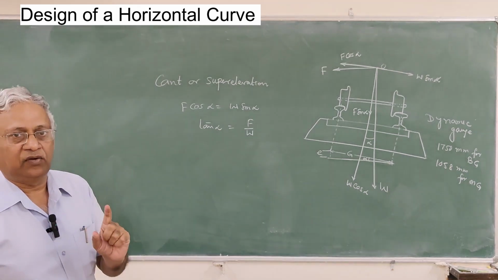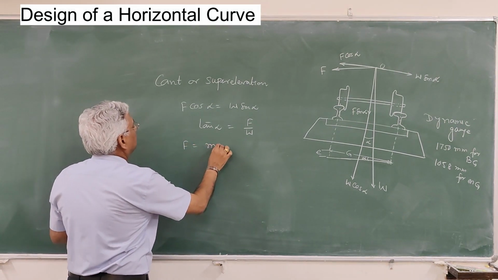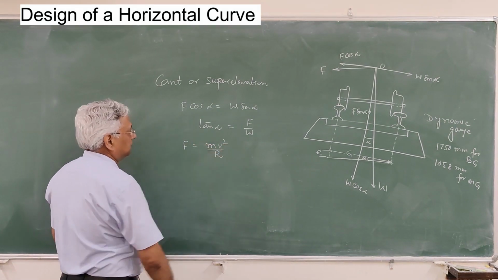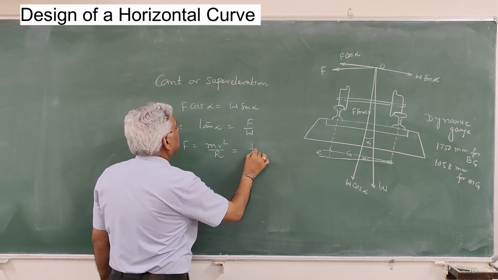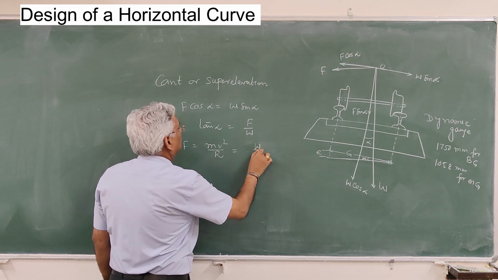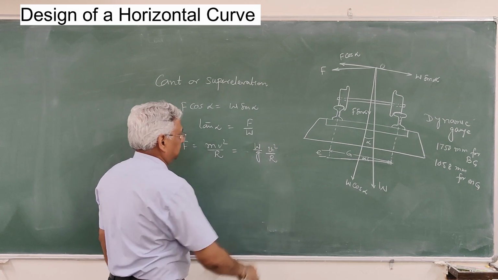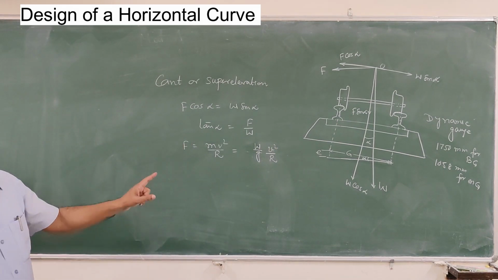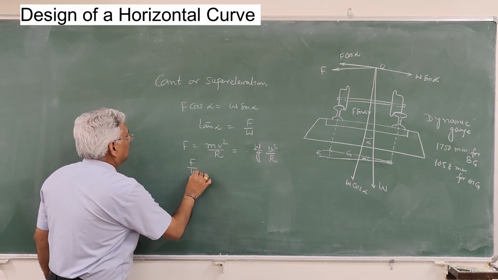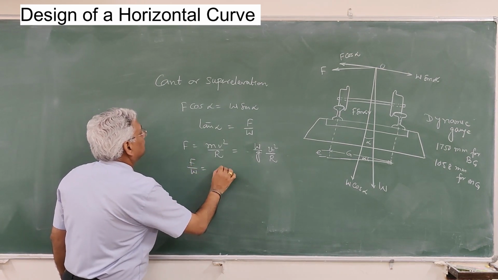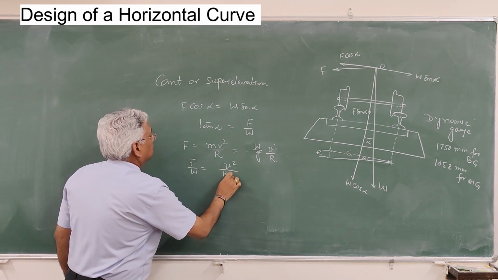Now F is the centrifugal force, and centrifugal force is given by m v square upon r. If you put m, that is W upon g, into V square upon R, and F upon W will be V square upon R into g.